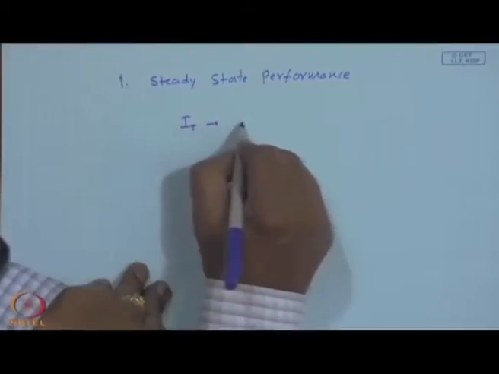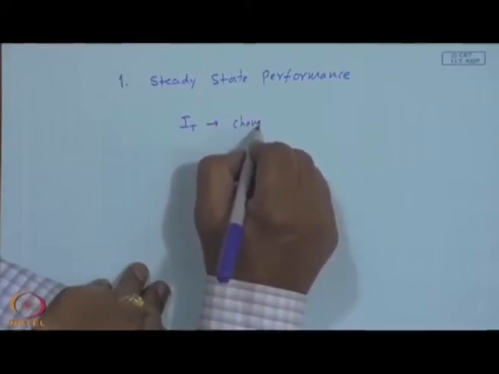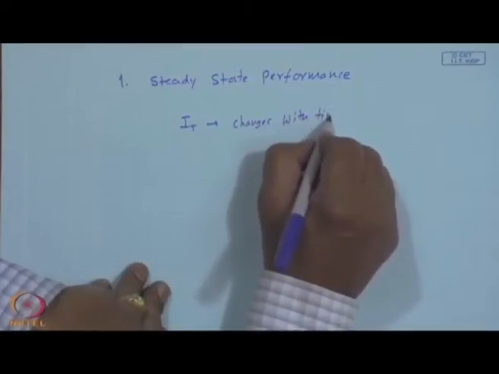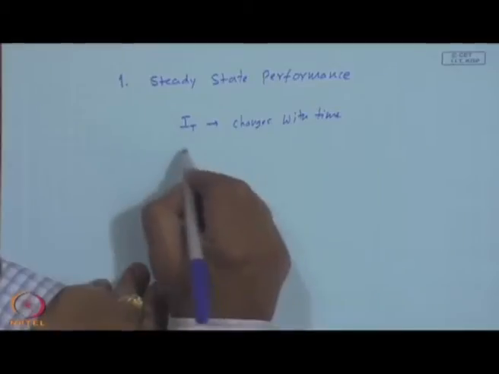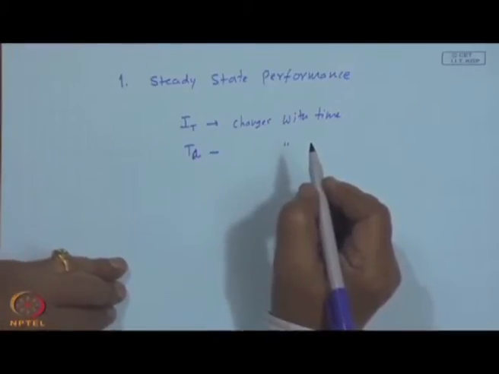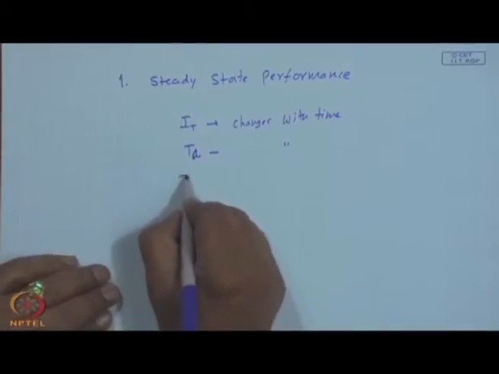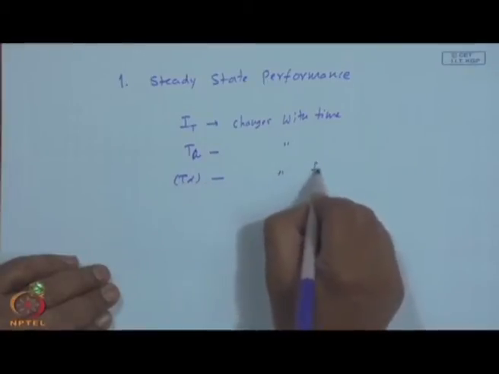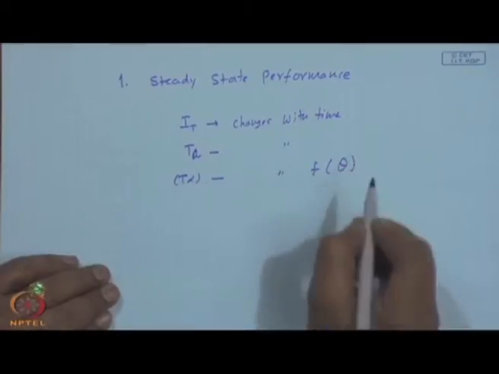things do not change with time, but we know, for example, I t changes with time, and then T A, the ambient temperature, also changes with time, and even tau alpha changes with time, being a function of angle of incidence.